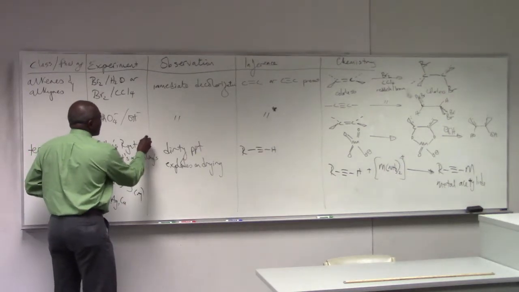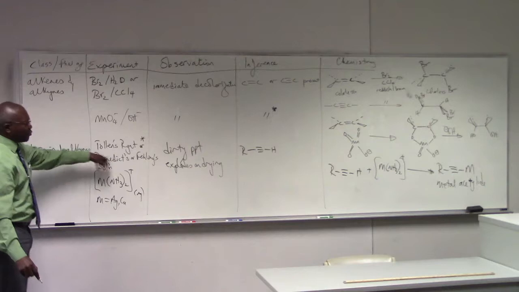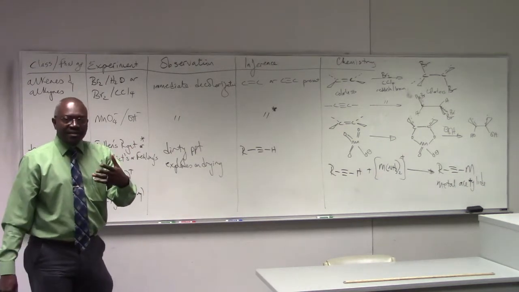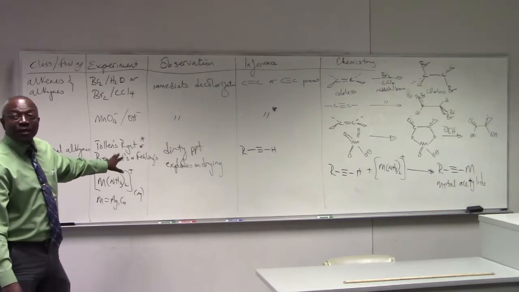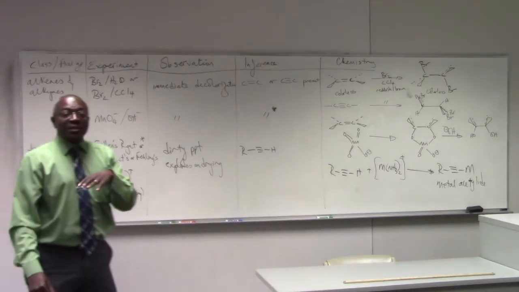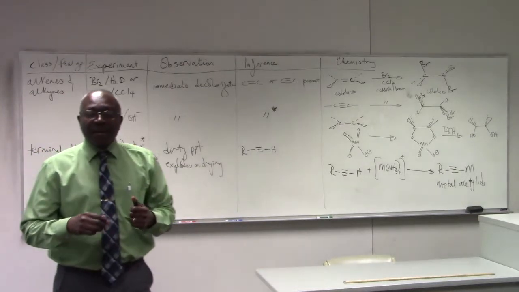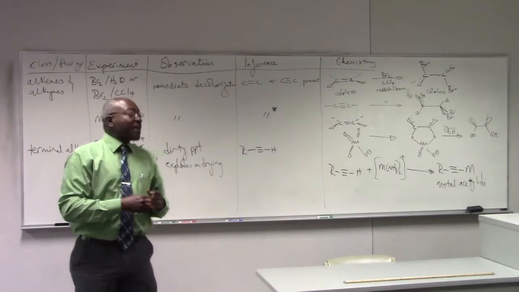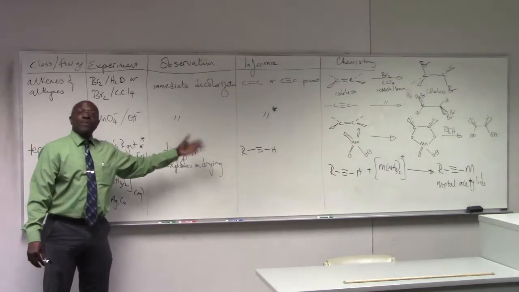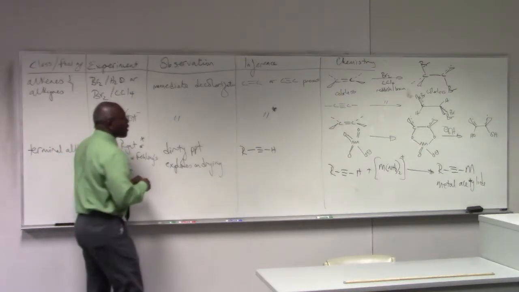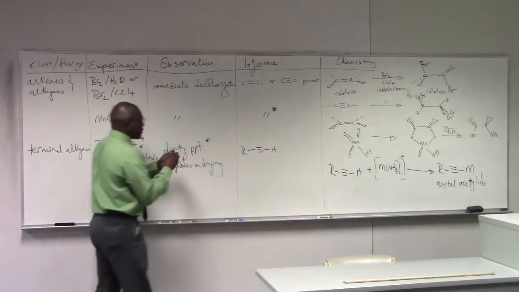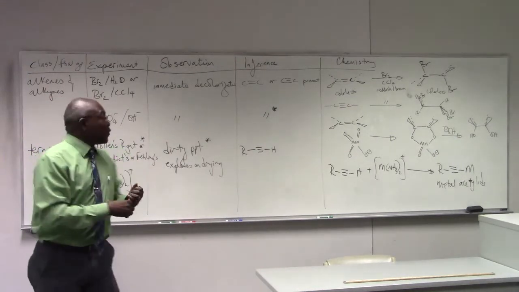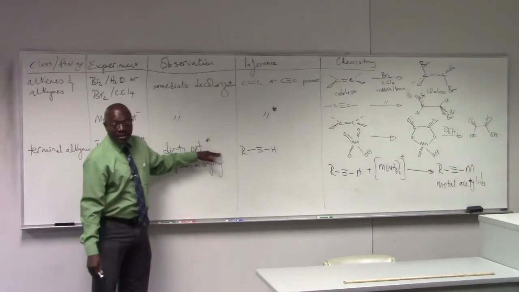I'm going to make a point here. Tollens' reagent or Benedict's solution or Fehling's solution, they're used in two contexts. This is one, which you have met in Organic 1, and the other we've met recently in Organic 2, which is that they are used to oxidize aldehydes to carboxylic acids. And when you do the reaction with Tollens' reagent, you get a silver mirror. But when you do it with copper, Benedict's or Fehling's solution, you don't get a copper mirror, you get a dirty reddish brown solid, which you could basically say is a dirty precipitate.